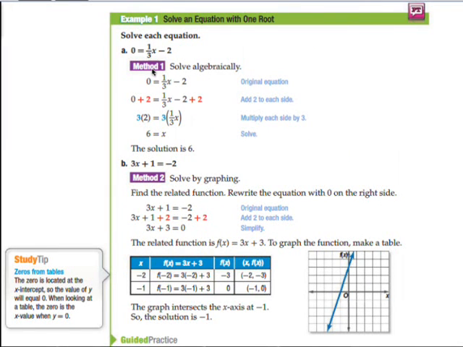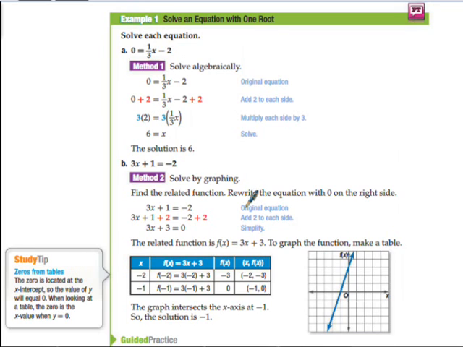So to solve each equation, first let's look at how to solve it algebraically. We would add 2 to both sides, we would multiply both sides by 3, and we get x equals 6. If we were to solve this second equation by graphing, we would find the related function. To find the related function, we need to get 0 on one side and everything else on the left side.